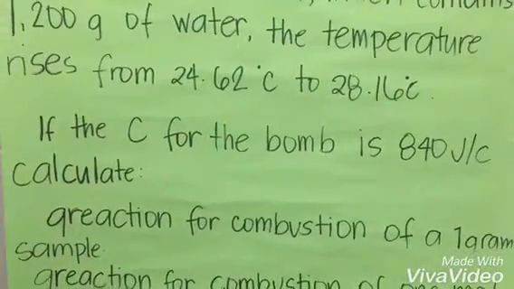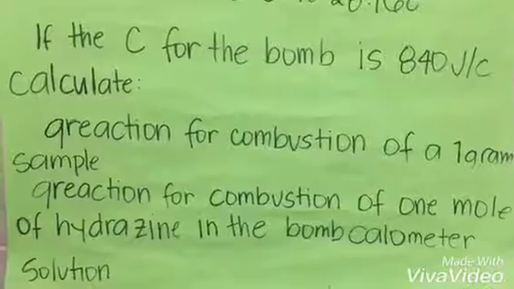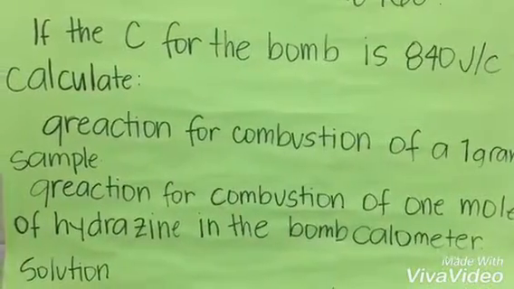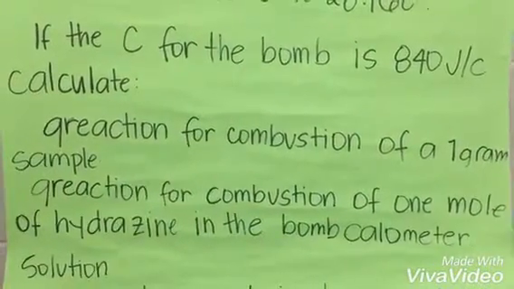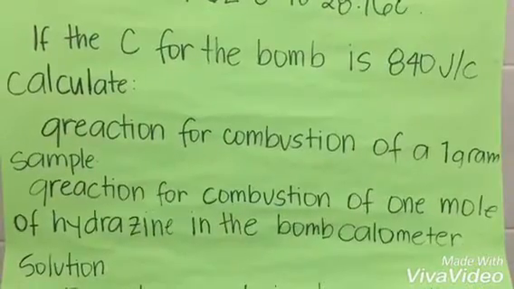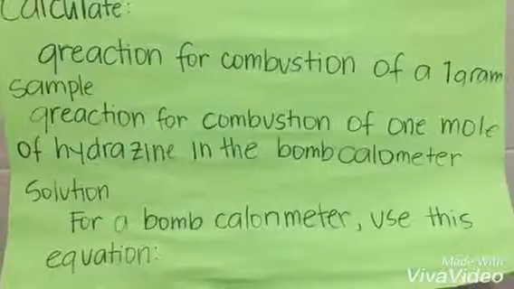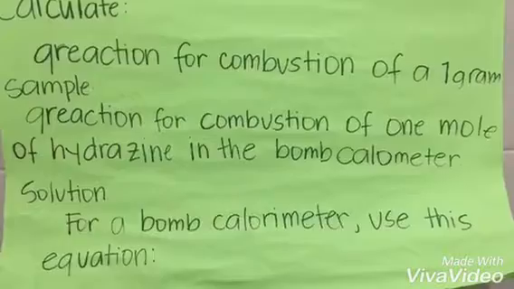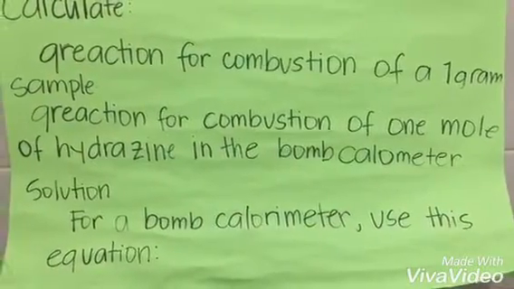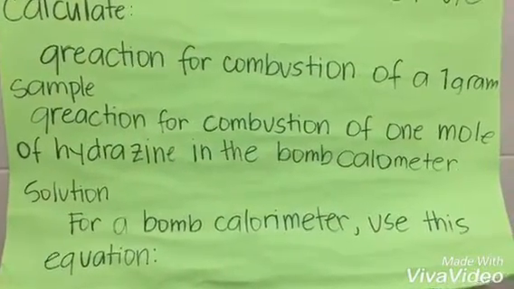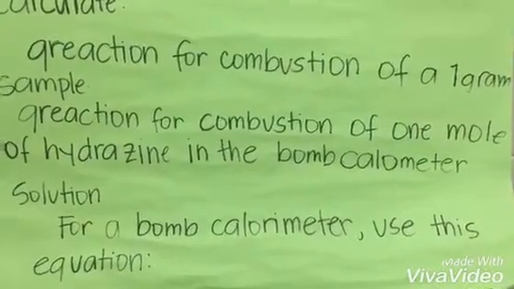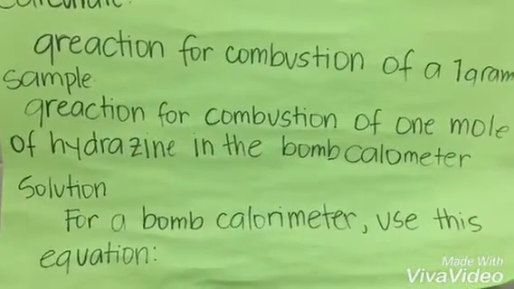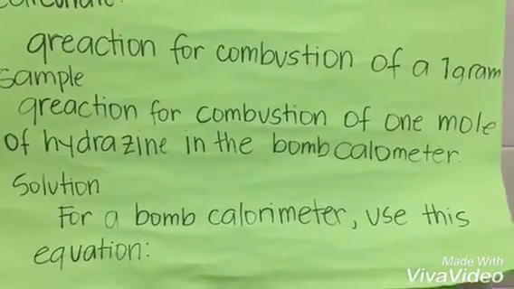If the heat capacity for the bomb is 840 joules per Celsius, calculate the absorbed heat of the reaction for combustion of a 1 gram sample. Also calculate the absorbed heat of the reaction for combustion of 1 mole of hydrazine in a bomb calorimeter.